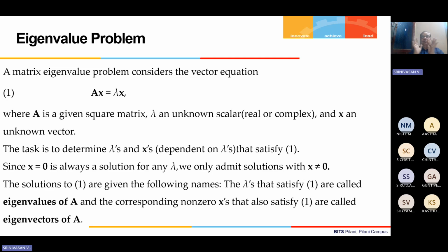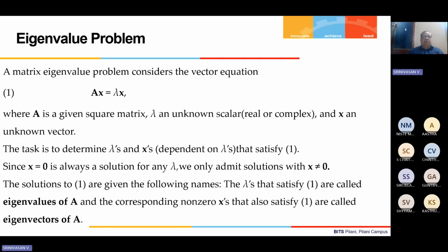The task is to determine the lambdas and x's that satisfy equation 1. Determining the values of lambda means we have found the eigenvalues. Finding the vectors x corresponding to the values of lambda gives rise to what are called eigenvectors.